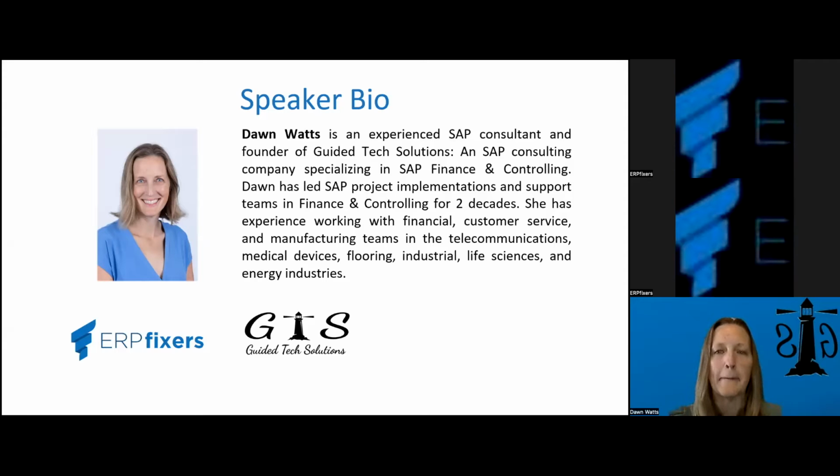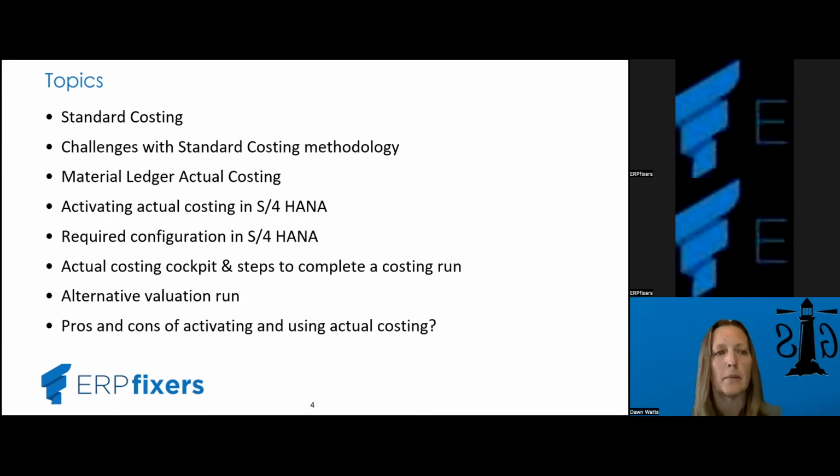So, the topics we'll be covering today. We're talking about material ledger actual costing, but I really wanted to start with an overview of standard costing, because that builds into material ledger actual costing, and some of the challenges with it.